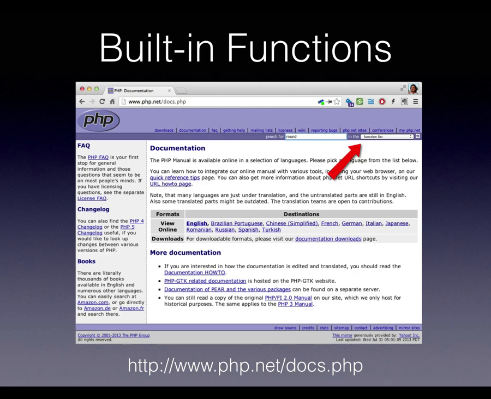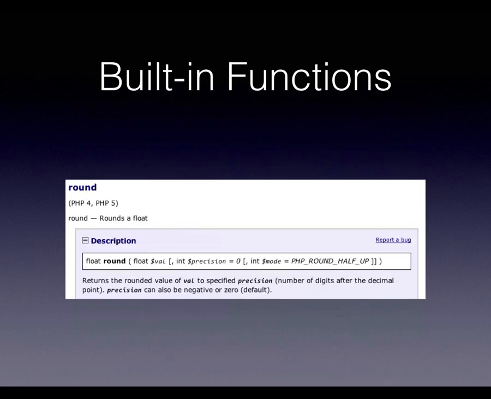PHP, like most programming languages, has a bunch of built-in functions that do various different things. The way you find out what those functions are and what they do is by looking at the PHP documentation, which exists at the URL I've outlined there, php.net/docs.php. Interestingly enough, the PHP website's programmed in PHP. Makes sense.